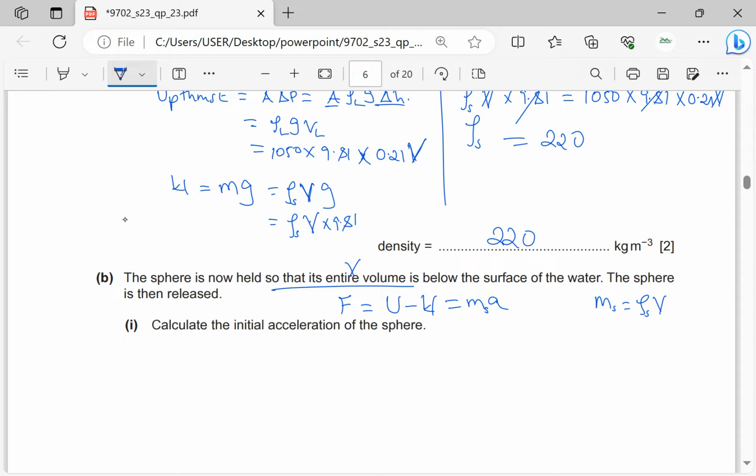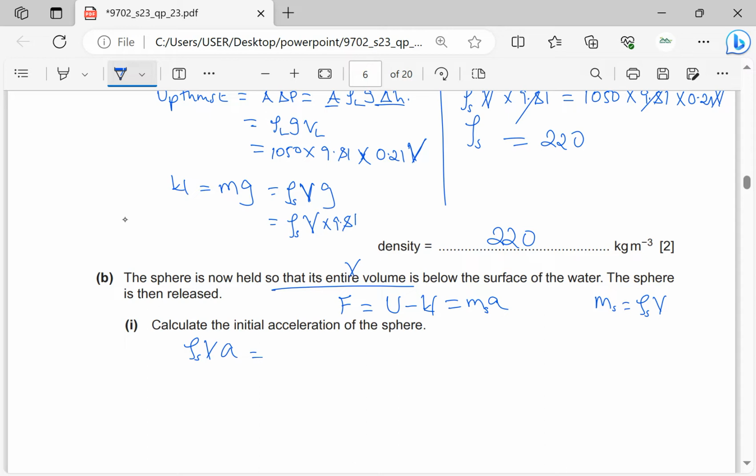The mass of the sphere, which is density of the sphere times the volume, then times the acceleration should be equal to the upthrust.